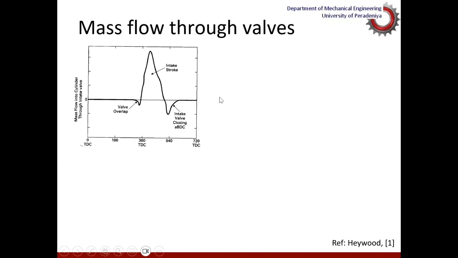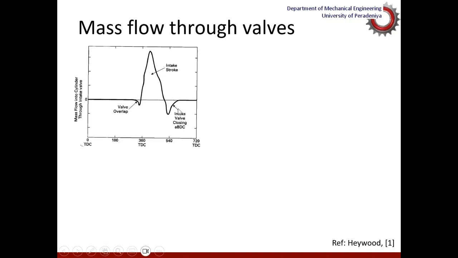Now, this diagram shows the mass flow rate through the intake valve. As the valve opens, you can see the mass flow rate increases, and as the valve closes, the flow rate reduces. But more importantly, during the valve overlap period, we could experience some intake gases going out of the system through the exhaust valve, so negative flow.